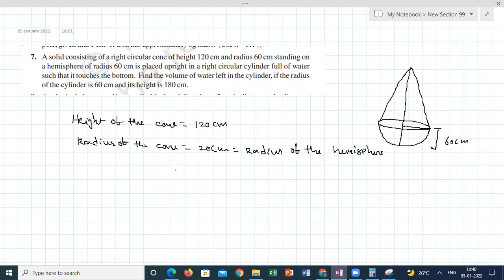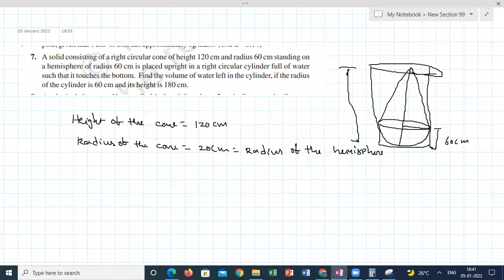It is placed upright in a right circular cylinder full of water such that it touches the bottom, and he placed it in a cylinder like this. Find the volume of the water left in the cylinder if the radius of the cylinder is 60 centimeter and the height is 180 centimeter.